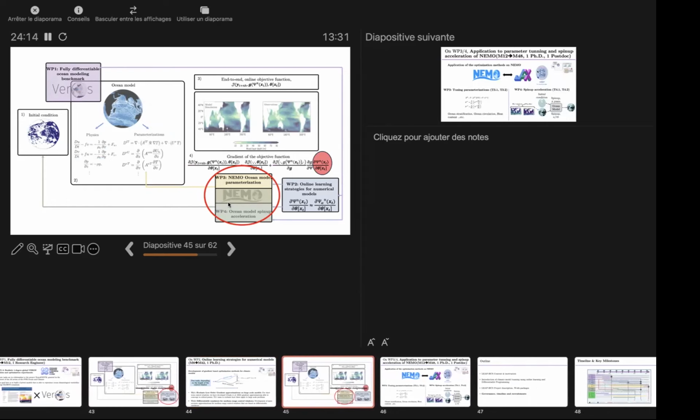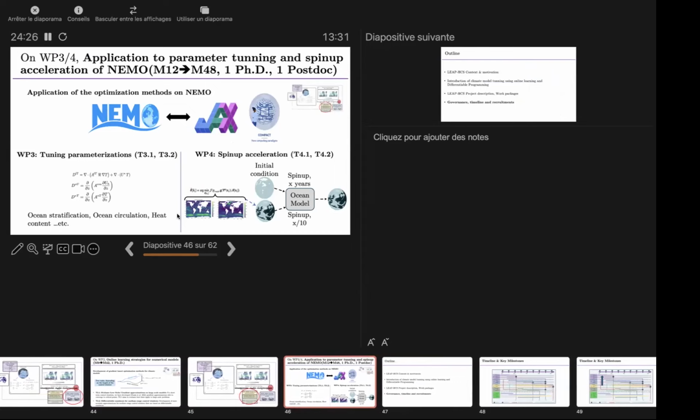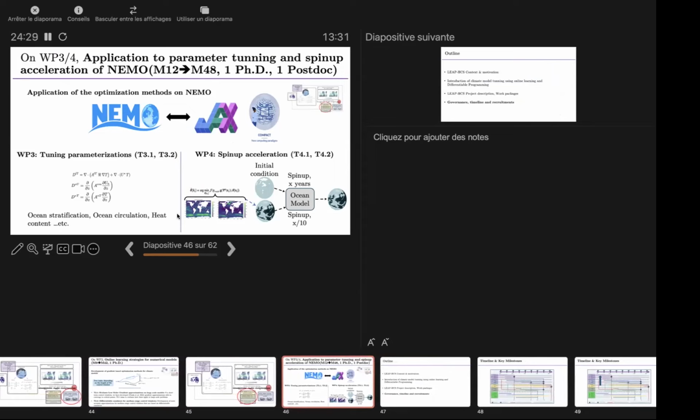And maybe the final 2 work packages, the applicative ones on NEMO, will be the use of the gradient approximation methods to solve parameter tuning and spin-up acceleration of the NEMO ocean model. And this work package will be in collaboration with the TRACCS Compact PC5, because we'll be using the NEMO tool that is currently in development, and we'll be hearing a little bit about it from Alexis in his presentation.